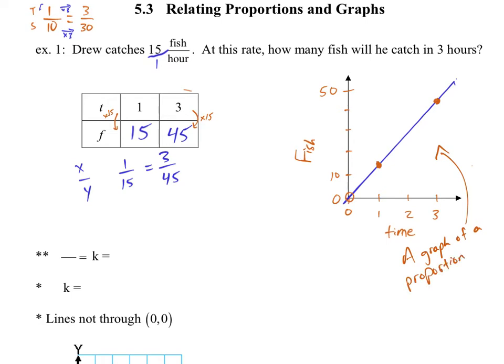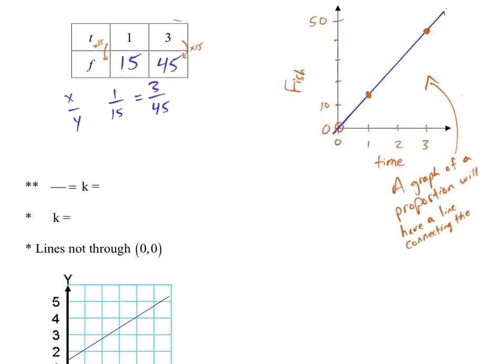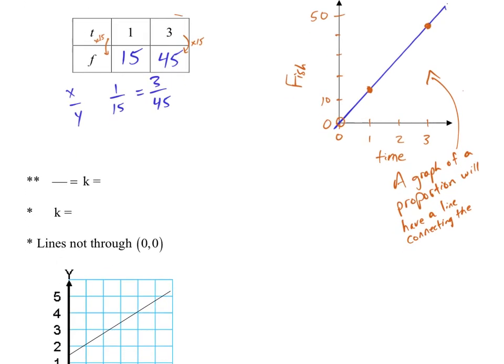Should I write ratio equals ratio, or are you guys okay on what a proportion is? That's good. Okay. A graph of a proportion will have a line connecting the points and also go through the origin.